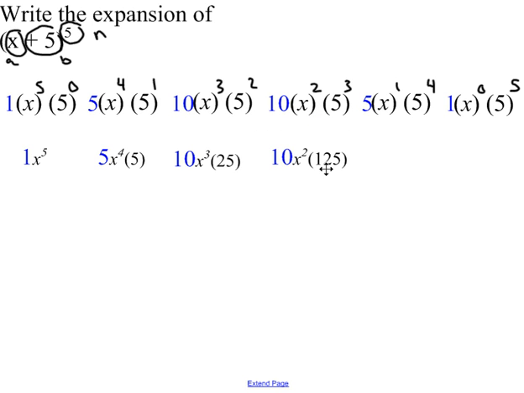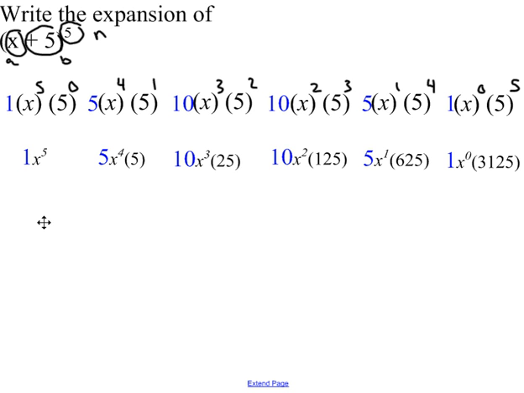So we have 10x squared times 125. 5 to the 4th, that's 625. So we have 5x to the 1 times 625. 5 to the 5th, that's 3,125. So we have 1x to the 0 times 3,125. So let's just go ahead and simplify this.